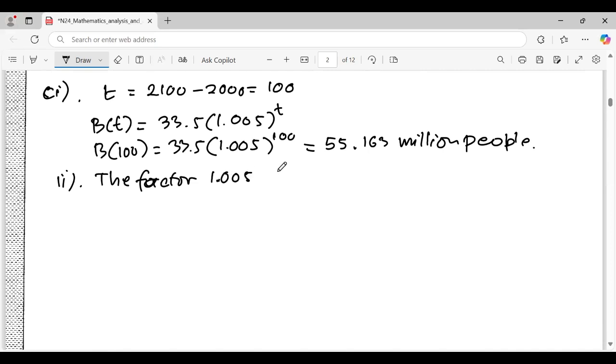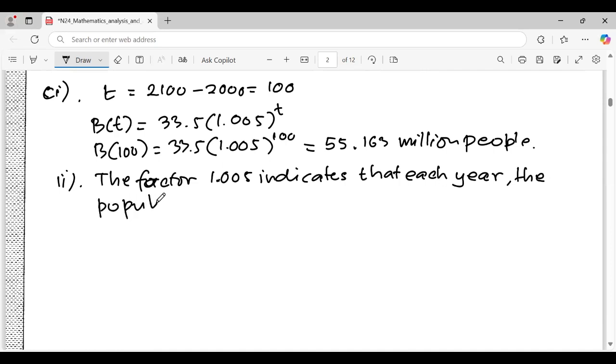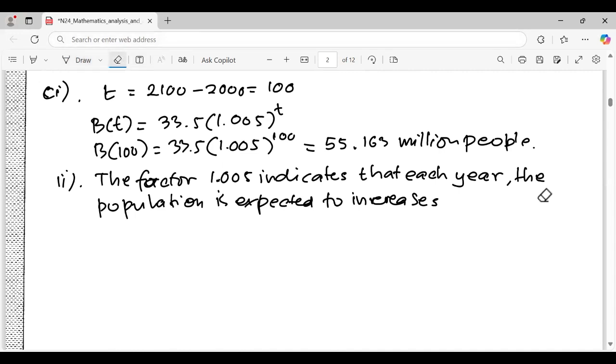1.005 indicates that each year the population is expected to increase by 0.5% compared to the previous year.